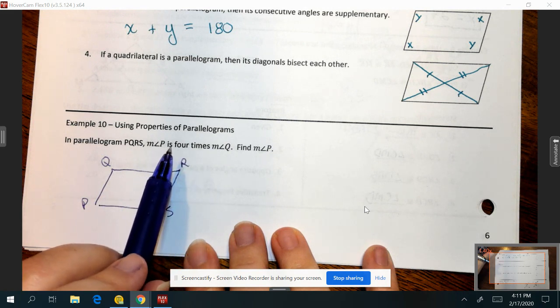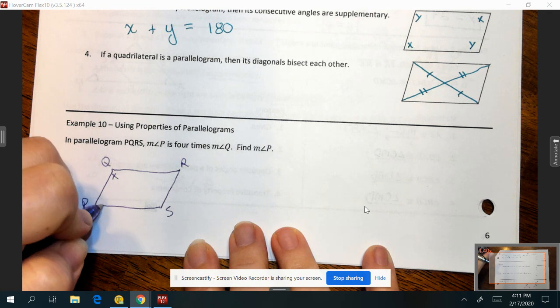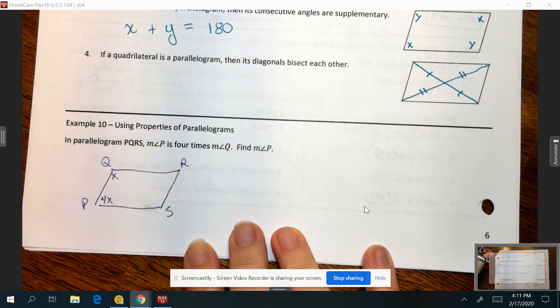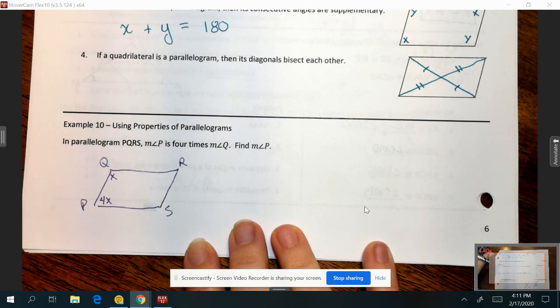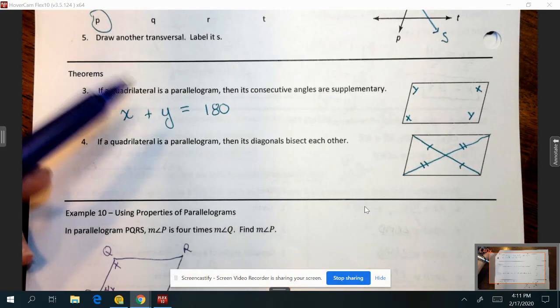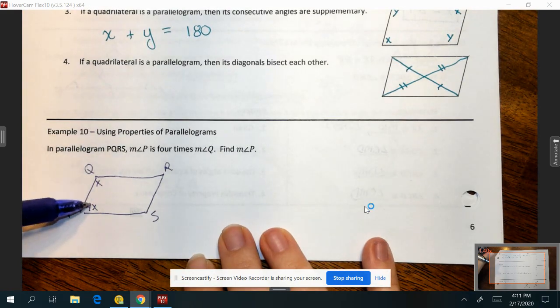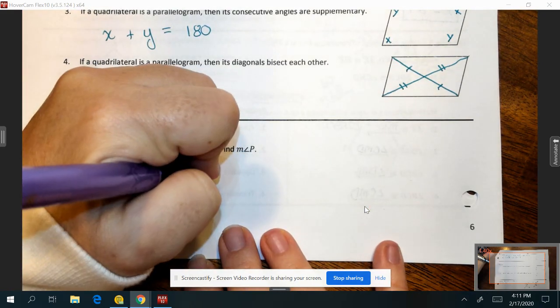It says angle P is 4 times angle Q, so whatever angle Q is, I have to multiply it by 4 to get angle P. These 2 angles are next to each other, so we're going to use this theorem to figure out what X is. They're not equal to each other; they'll add up to 180.